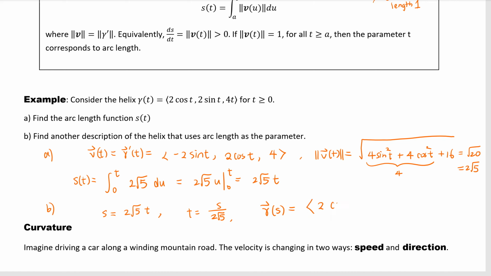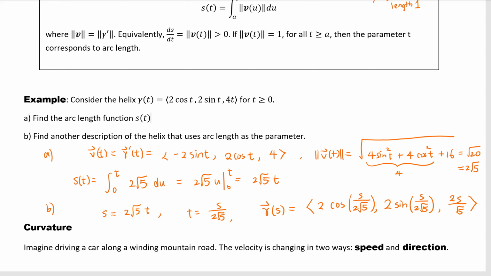Then we have 2 cosine of s over 2 root 5, 2 sine of s over 2 root 5, and 4t, so 4s over 2 root 5. You can cancel the 4 and 2, so you only get 2s over square root of 5.